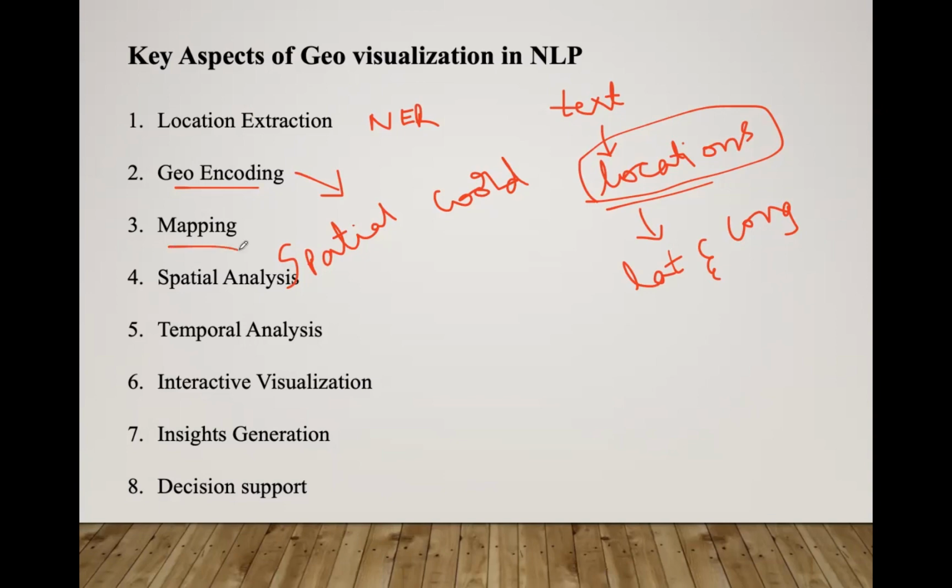And the third one is mapping. If you observe the previous step, geoencoding methods use spatial coordinates to encode textual place mentions. So the textual mentions were encoded.